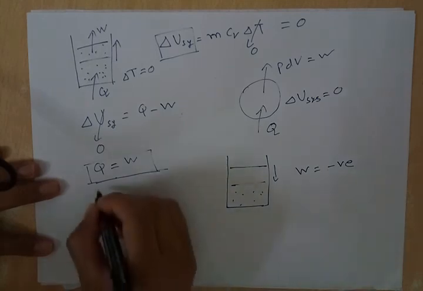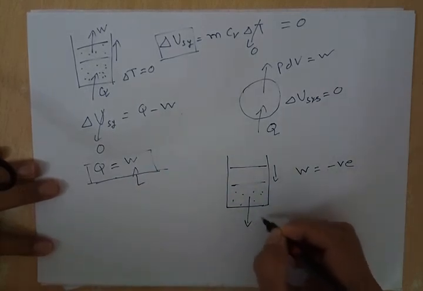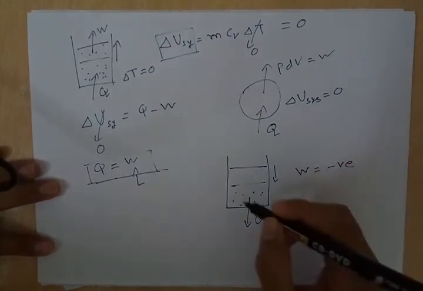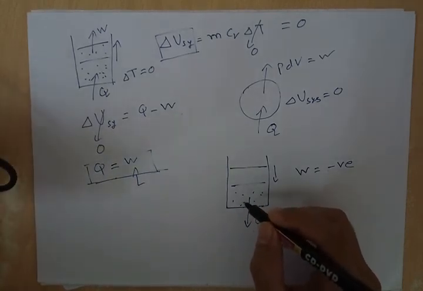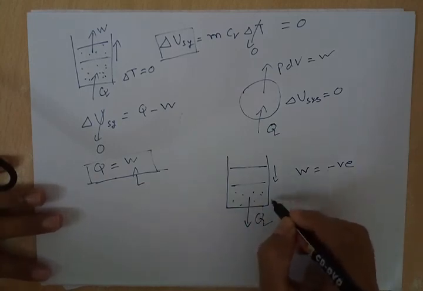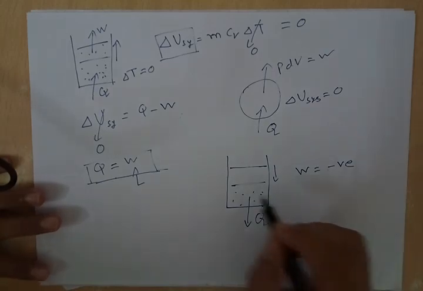So work done on the system is equal to heat removed by the system. So as we push the piston downwards, gas will compress and it will tend to increase the temperature of the gas. But we are allowing heat to escape from the system and thus temperature remains constant throughout the process.